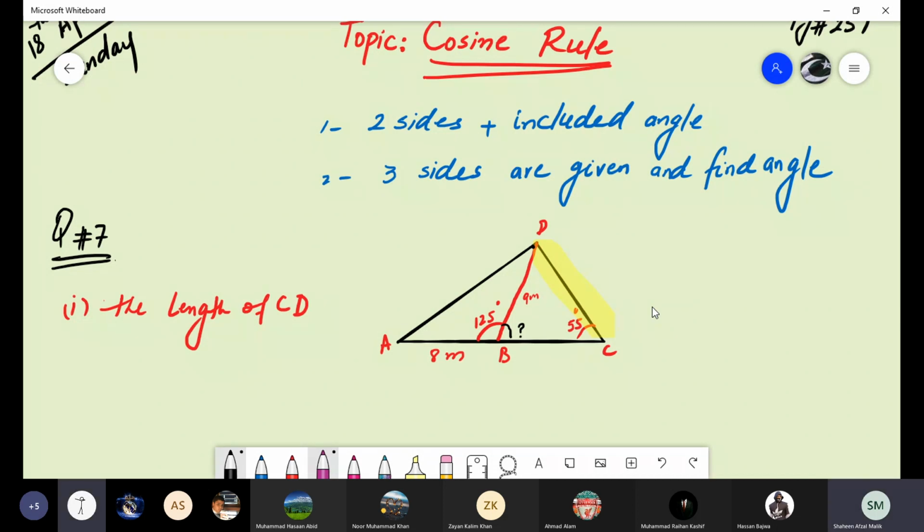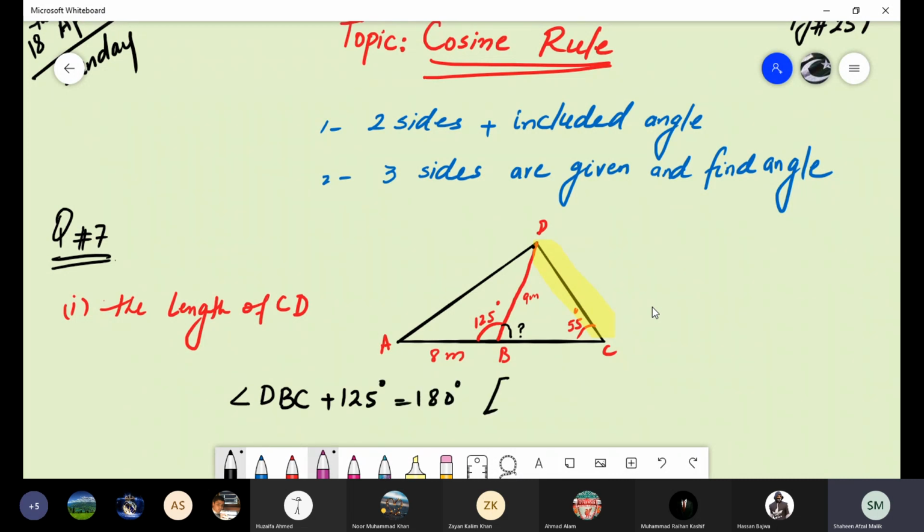Yes, ma'am. How? Ma'am will subtract 125 from 180. Yes, sum of angles on a straight line. Yes, we can say that angle DBC plus 125 degree is equal to 180 degree.